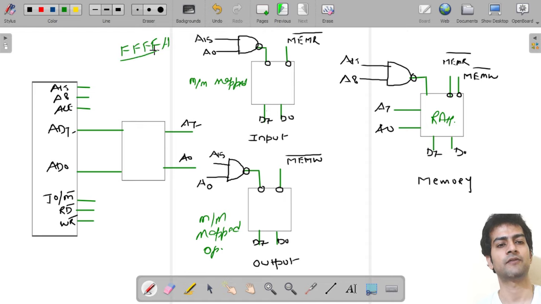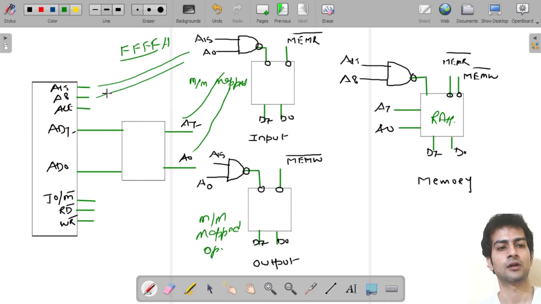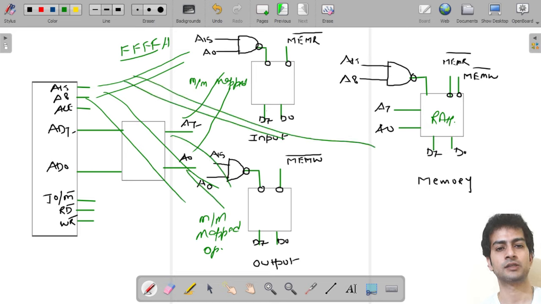The microprocessor is connected with all of these, so FFFFH will come here also, here also, and here also.